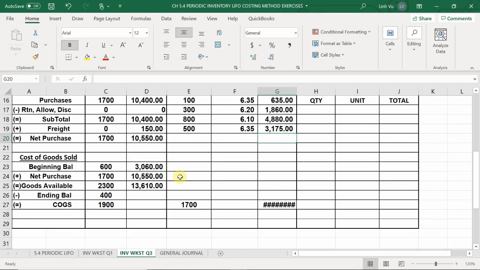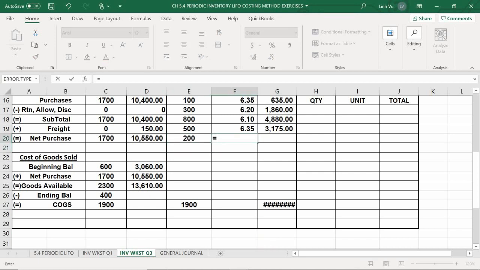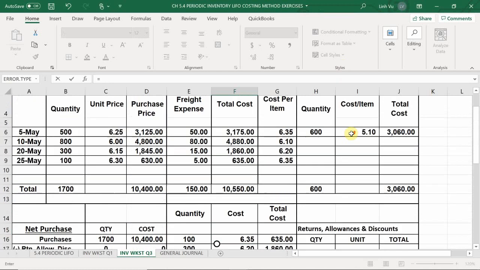How many more items do I need to sell to reach 1,900? I need 200 more. So in this case, let's take a look at my beginning inventory.